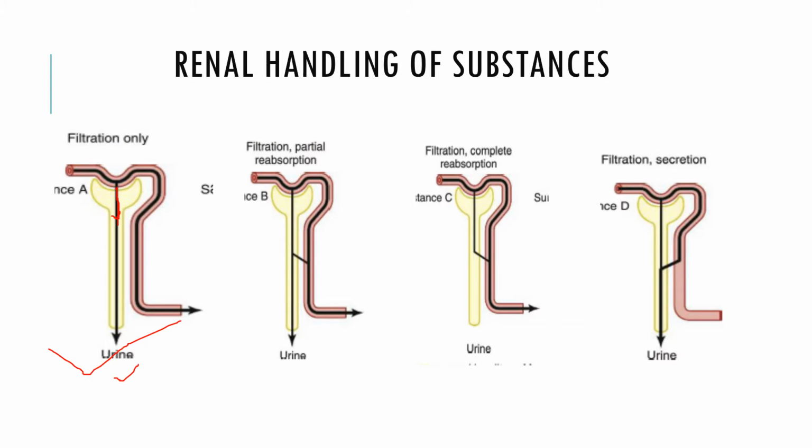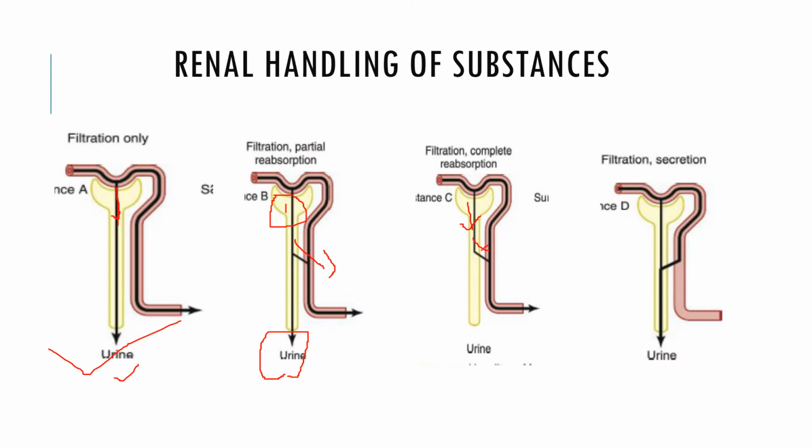In the second picture, we can see the substance is freely filtered, but it is partly reabsorbed. So the rate of excretion, the amount that is excreted, is less than the amount filtered. Now in the third case, the substance is freely filtered, but it is fully reabsorbed.